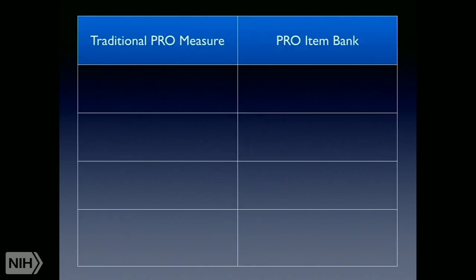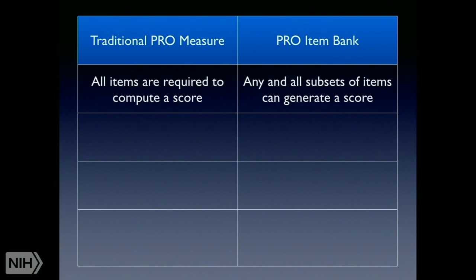Okay, so a quick review here, comparing these traditional PRO measures, the off-the-shelf measures, with a PRO item bank. With a traditional measure, all items are required to compute a score. With item banks, any and all subsets of the items can generate a score.